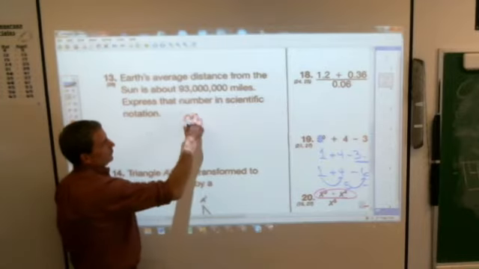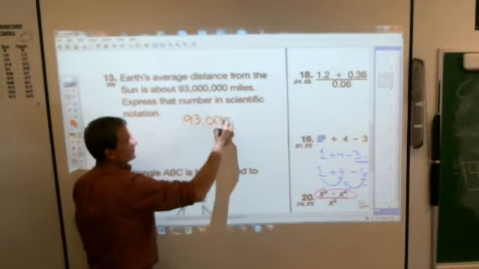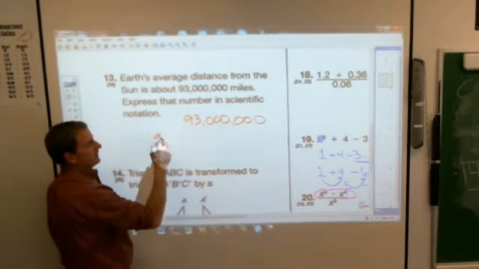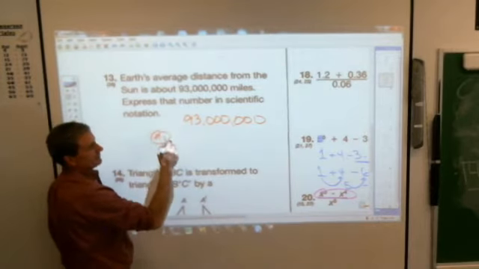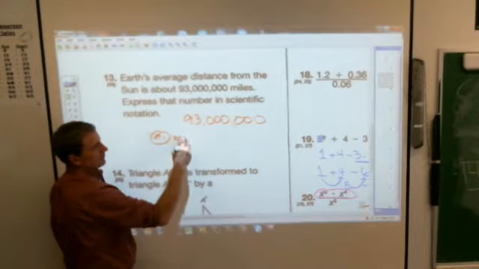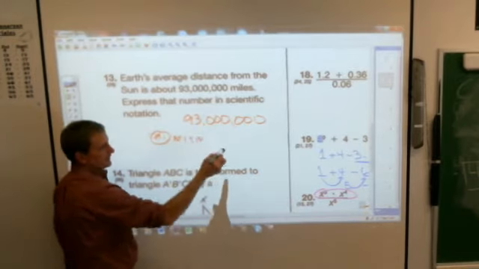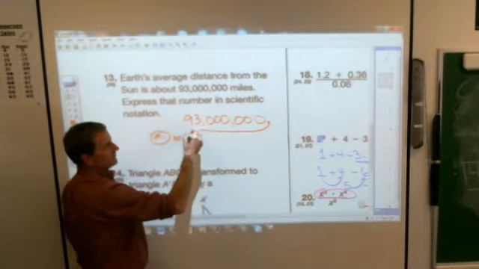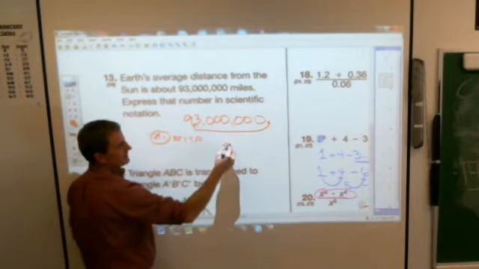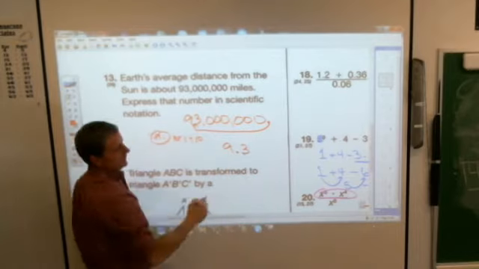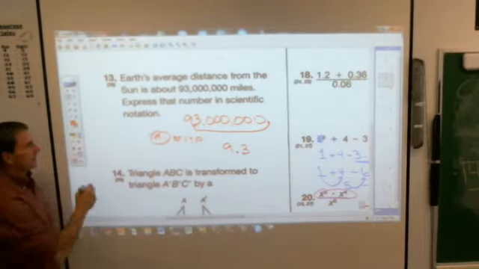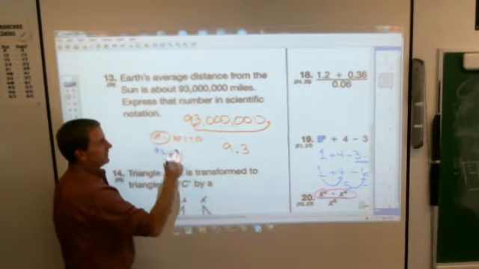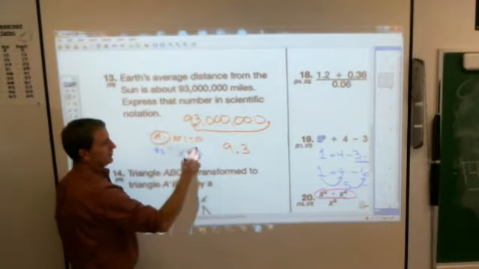If you are changing this into scientific notation, step number 1 is you have to make the number between 1 and 10. Which means the decimal starts here. I need to move it so that it is between 1 and 10, which puts it right there. 9.3. Step number 2 is we always write down times 10 because that's scientific notation.